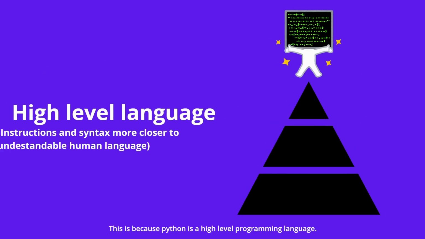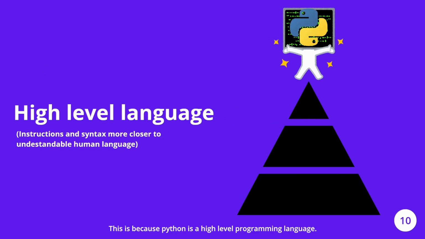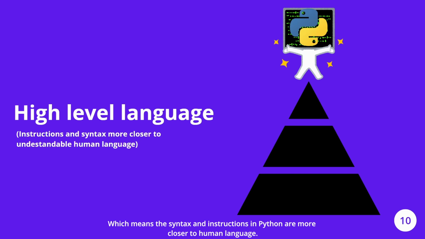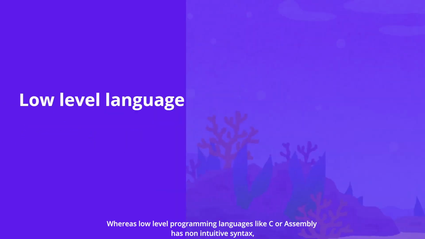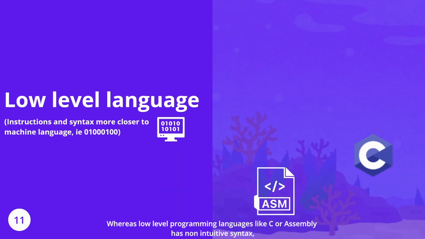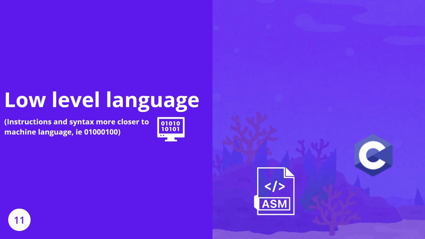This is because Python is a high-level programming language, which means the syntax and instructions in Python are more closer to human language, whereas low-level programming languages like C or assembly has non-intuitive syntax that requires you to manage things like memory allocation and pointers, which can be overwhelming for someone just starting out. With Python, you can focus more on solving problems rather than worrying about complex syntax or hardware-level operations.